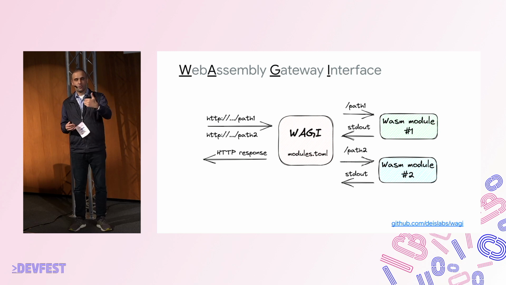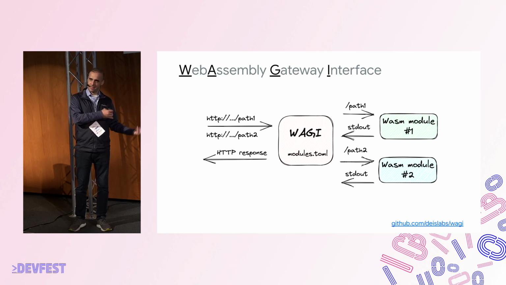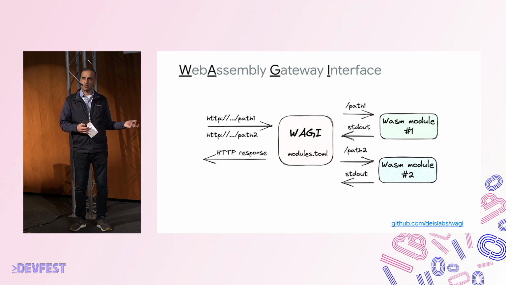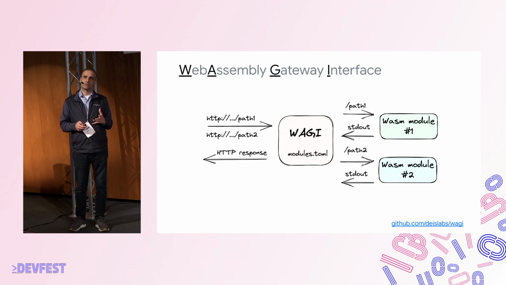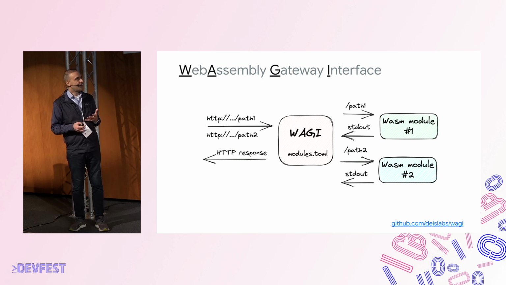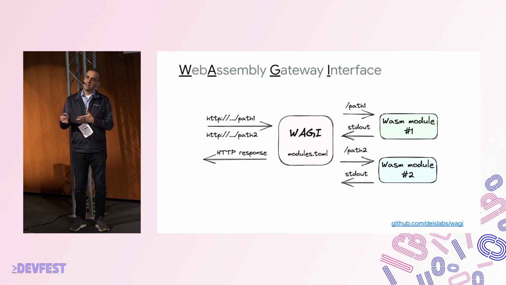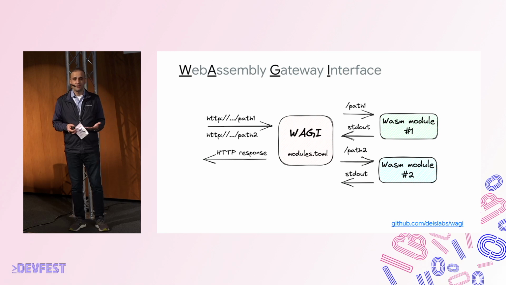Then the module replies back with standard output. So your module is basically reading and writing from standard in and out, but Wagi translates that to HTTP and sends a response back, right? It's a little bit hacky if you think about it, because instead of writing proper applications with proper HTTP support, we are using standard in and out to do HTTP. But it kind of works.